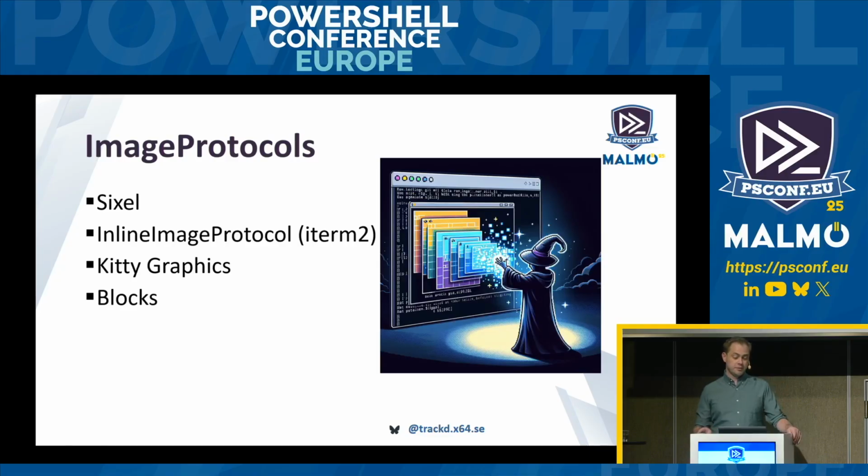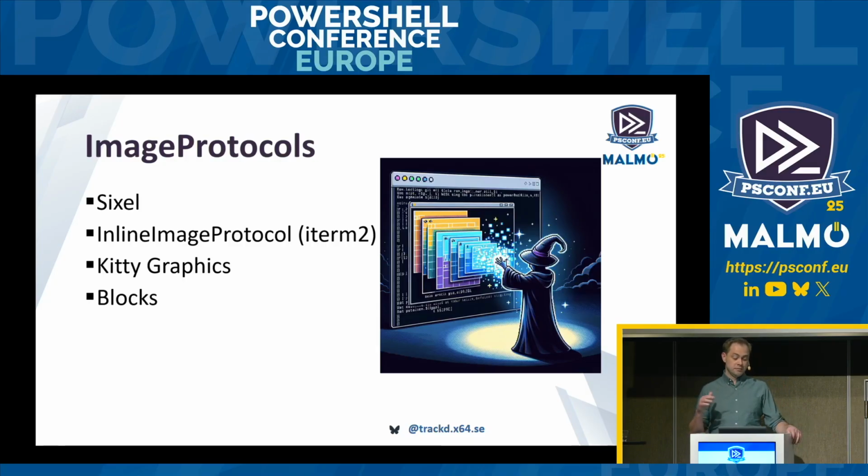So these are the different image protocols that I implemented. Does anyone recognize any of them? Two people, Sean, but you're not allowed to say anything. Okay, so Sixel is actually from the old DEC VT terminals, from the 70s. It's basically a printer protocol where you can print images to the screen and render them in fairly high quality.